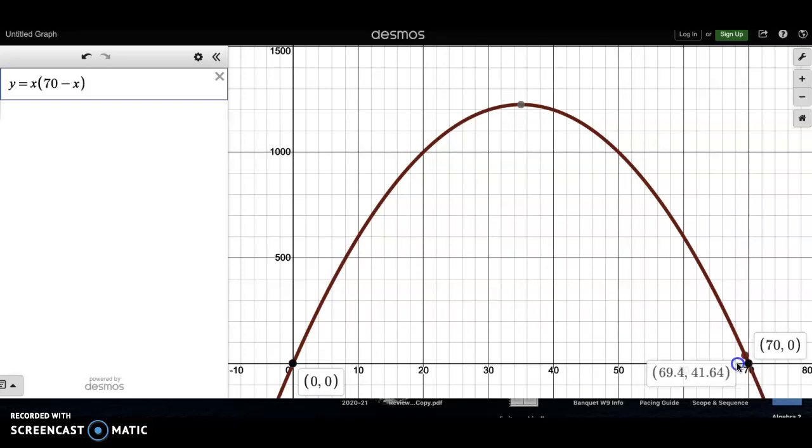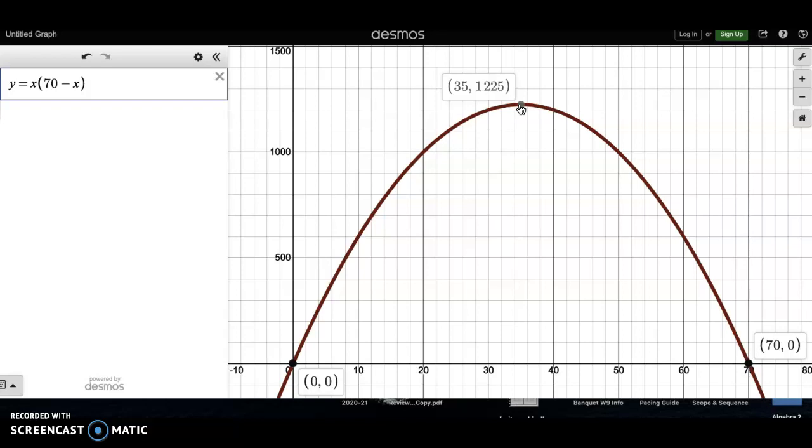So the two ends here, the 70 and the 0, are the extremes. Everything else along the way is possible. So the maximum area was 1,225, and that happens when you let the width of the pen or the fence be 35.